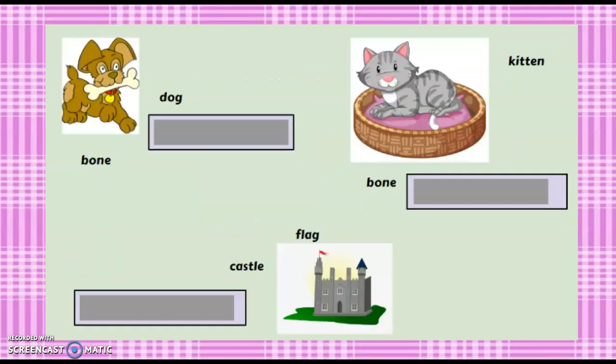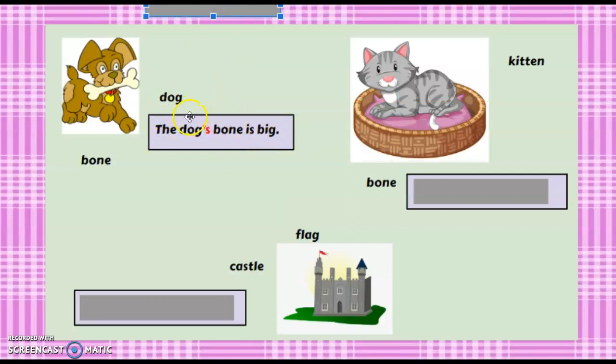Here are a few examples to consider. Here we have a dog and a bone. Does the bone own the dog, or does the dog own the bone? Oh, you're right. The dog owns the bone. So we would say the dog's bone is big.